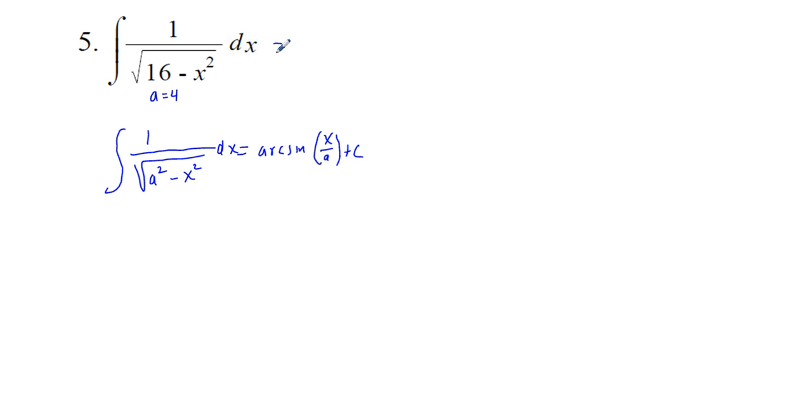And so now, working to the right, we get arcsin of x over a. That's going to be x over 4 plus c.